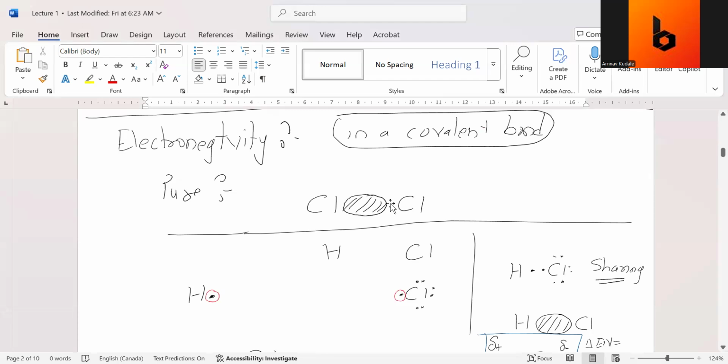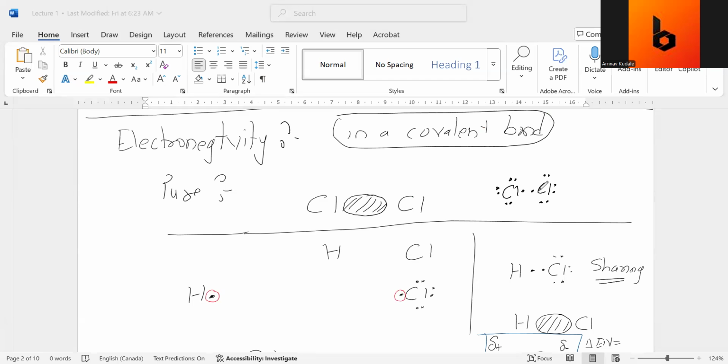Now you understand this is chlorine, right? We form the molecule by sharing electrons. Each of them had seven, so this was the structure, correct?